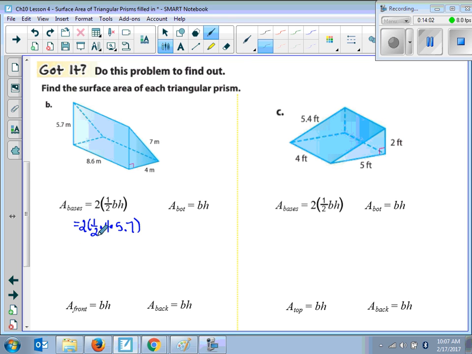So we can simplify the 2 and the 4. So that's going to be 1 here. And 4 divided by 2 is 2. And now we can multiply what we know. So we've got 2 times 2, which is 4, times the 5.7.